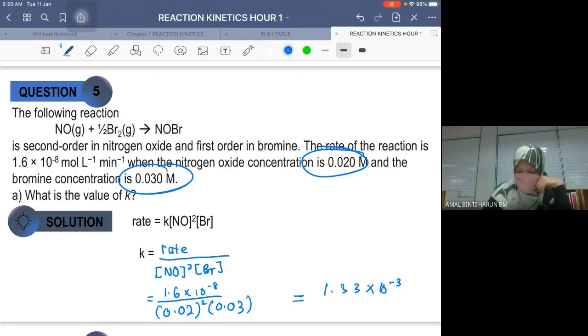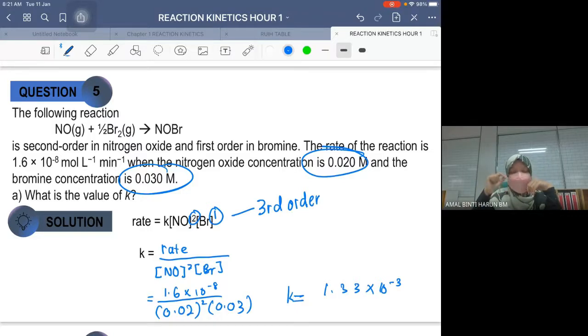Now, what order is it? We must put the unit for k. The order of the reaction is 2 plus 1, so it is third order. What is the unit for third order? Yesterday in my lecture I showed zero, first and second order.